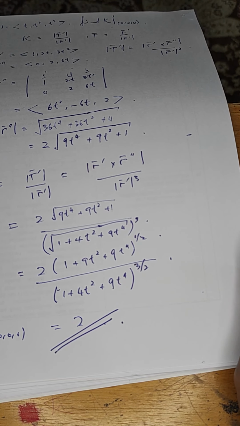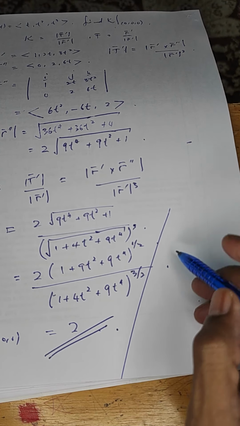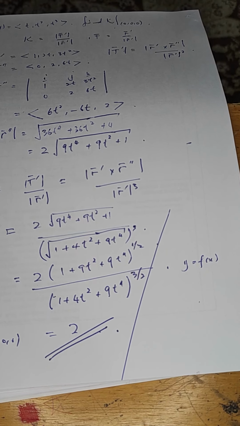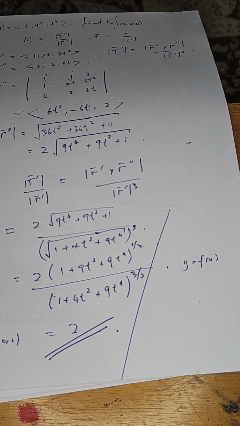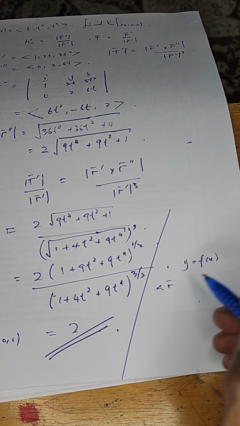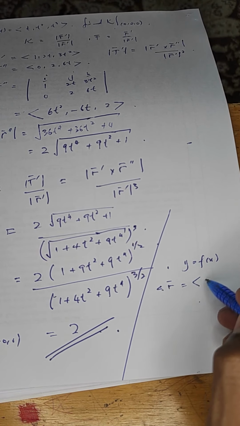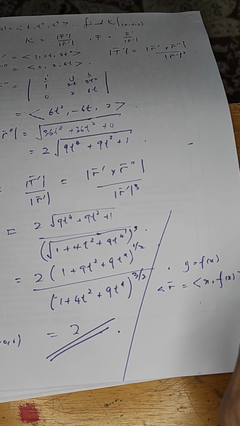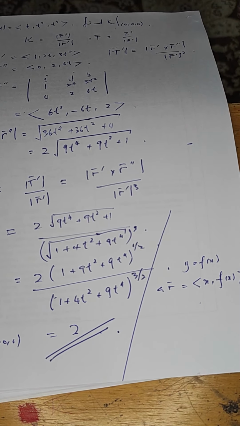Okay, if we consider y equal to f of x, then we write r as x of x, this is x, this is y.